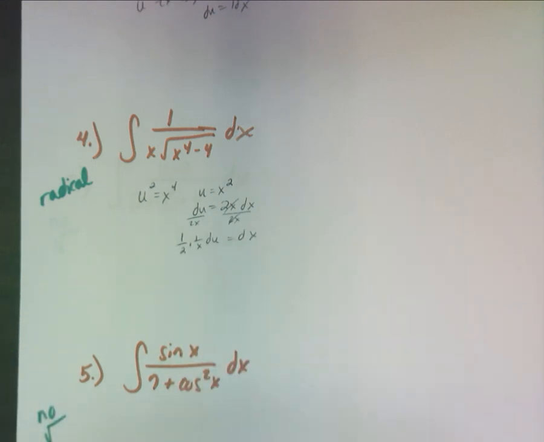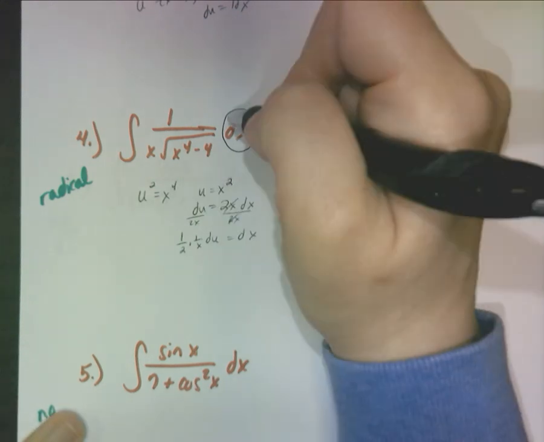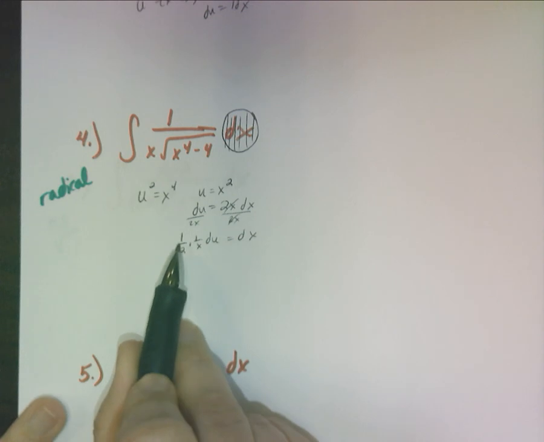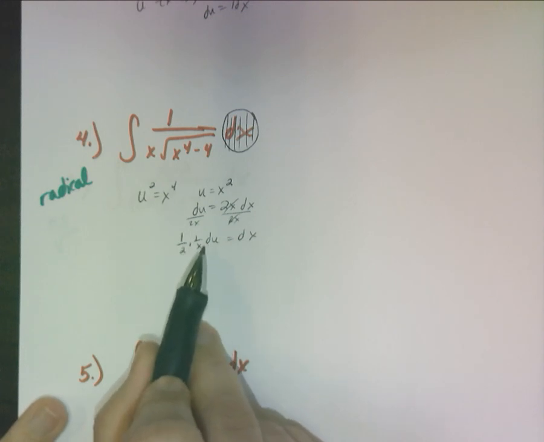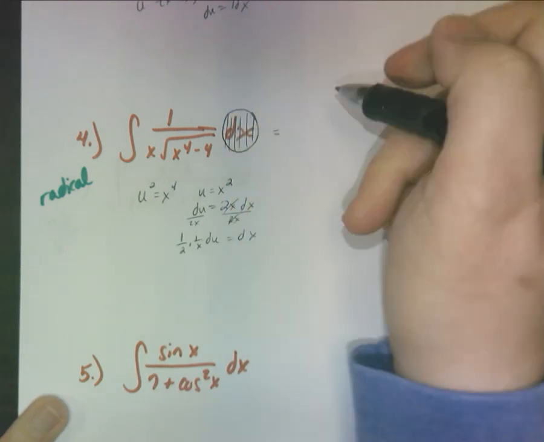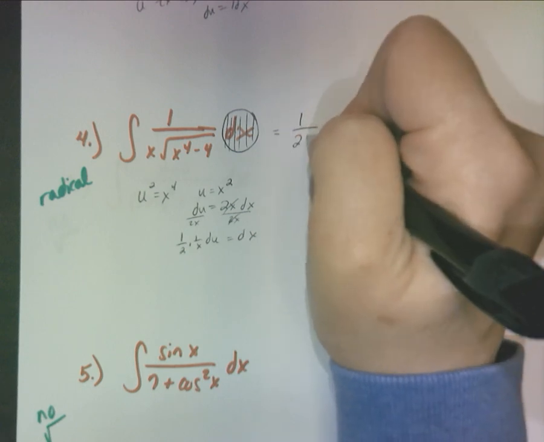So what that means is, I could have written it as 1 over 2x, but I just want to show you this. That guy right there, if you cross him out, according to what I have down here, is equivalent to 1 over 2 times 1 over x du. So this is 1 over, I should just probably keep it as 2x.